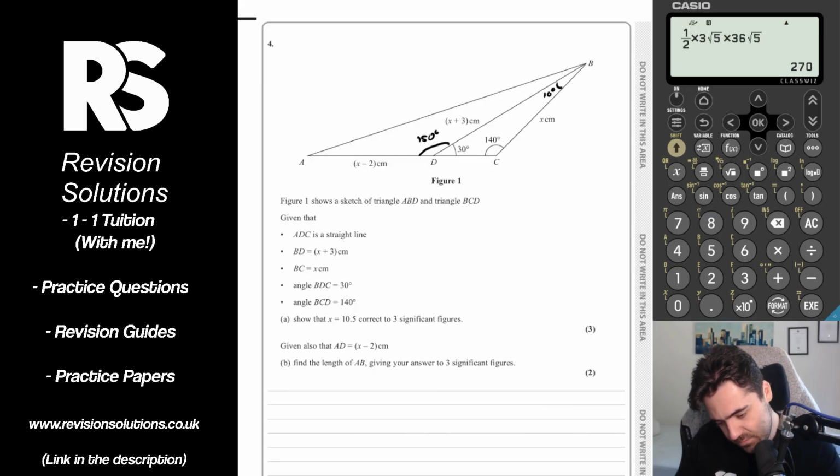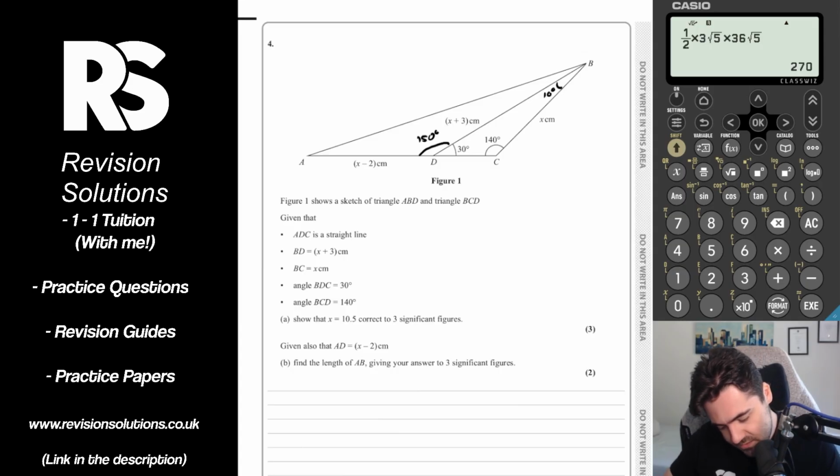Well, it looks like we've got most of our information with this triangle DCB over here, so let's use that. We know all 3 angles, and we haven't got side angle side really, and we don't know all 3 sides, so I would say let's use the sine rule then.